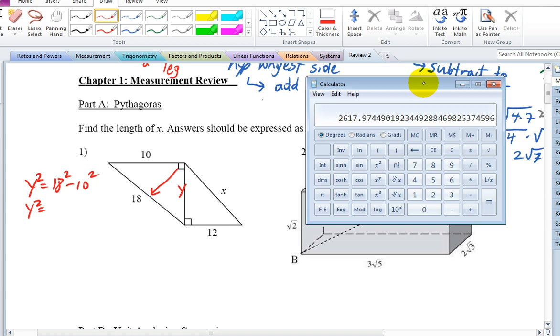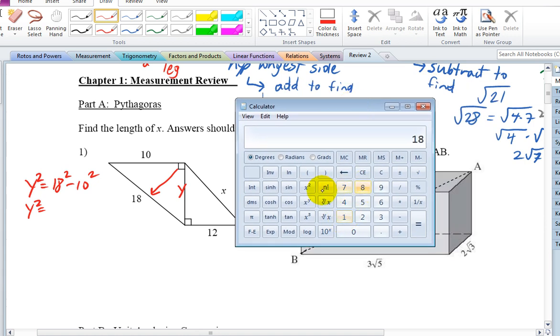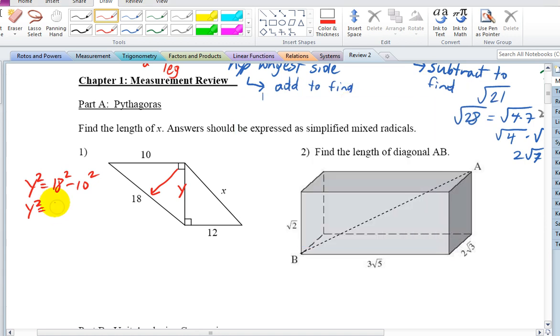Go to your calculator, it should be out. Now don't square root that. You don't want to square root 224 because we're going to need y squared in a second. Okay, so figure out what x squared is.